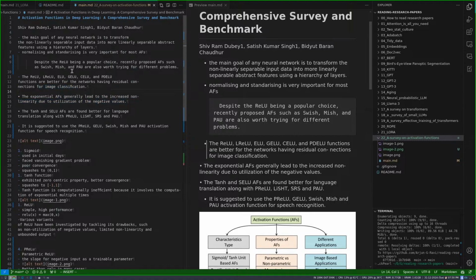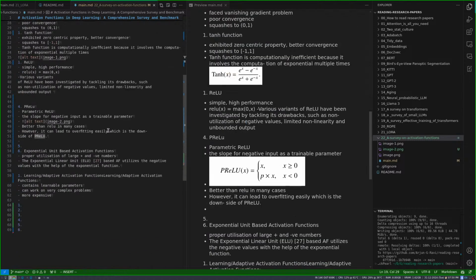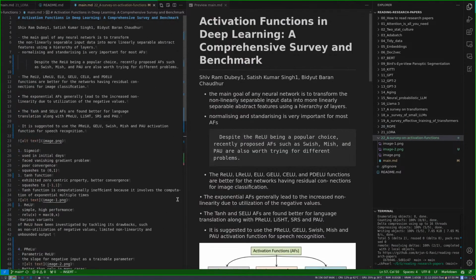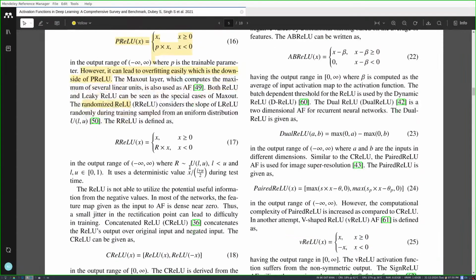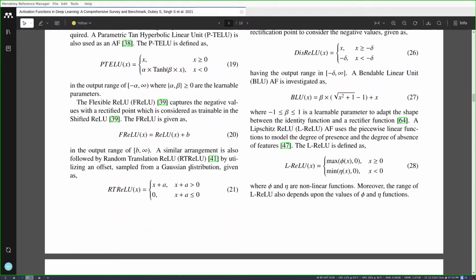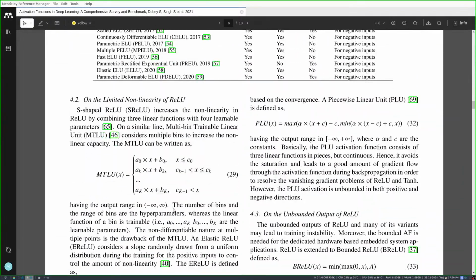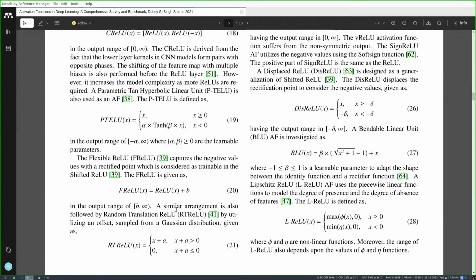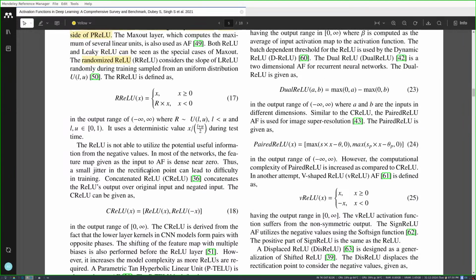Image classification. It's a mess, but yes, it works. Yeah, I don't think I'll be able to finish the paper today. Oh, time went really fast.